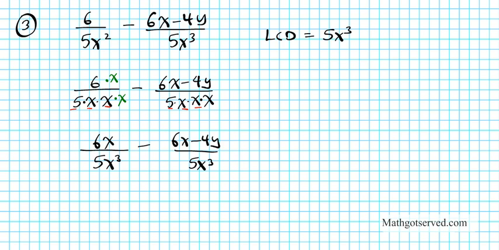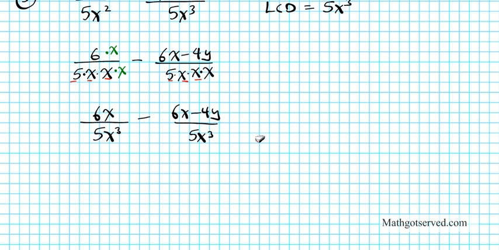Now let's go ahead and do subtraction. Since the denominators are identical, we're going to write it just as 1 over 5x to the third, and then we're going to have 6x. Anytime you have a minus, you have to distribute the minus. Distribute the minus to the 6x, and then distribute the minus to the negative 4y. What the minuses do is they make the opposite sign.